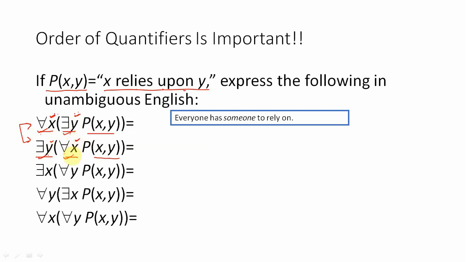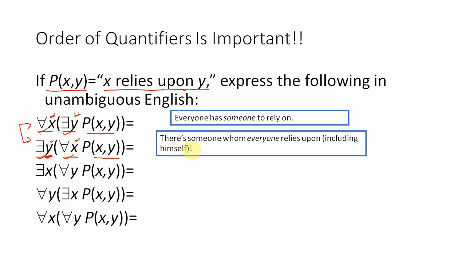That means there is someone whom everyone relies upon, some person y who is relied upon by every value of x.